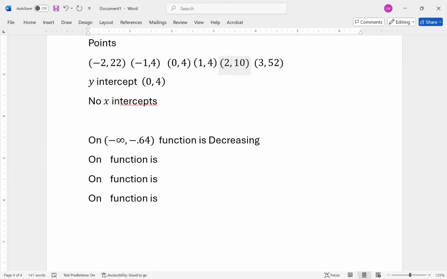On the interval from negative 0.64 up to the x value of 0.39, the function is increasing.